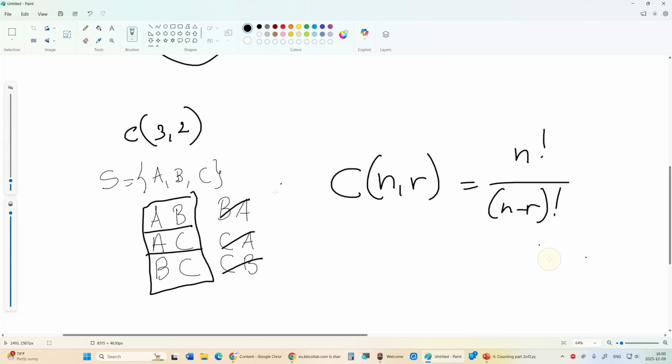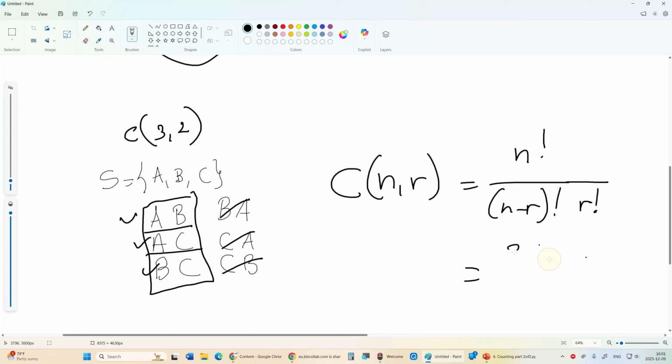However, I need to remove all the different possibilities that are repeated. In this case, I had to divide by 2, but actually it's not 2, it's r factorial. I'm not going to divide only by r, but by r factorial. Why is that? This is the example that I want to expand on, and I will talk about it in more detail. But let's see that this gives me the 3 that I calculated manually, and see what it gives me.